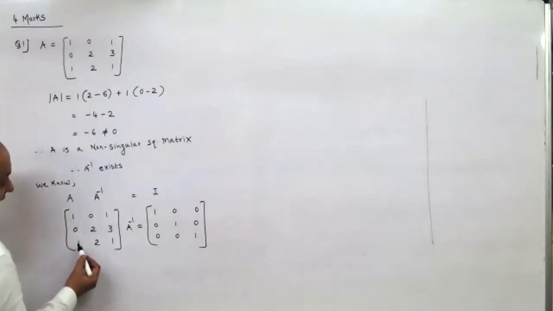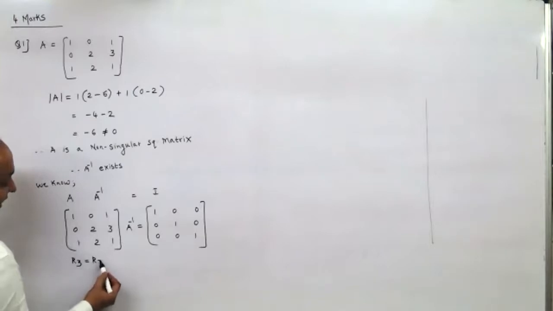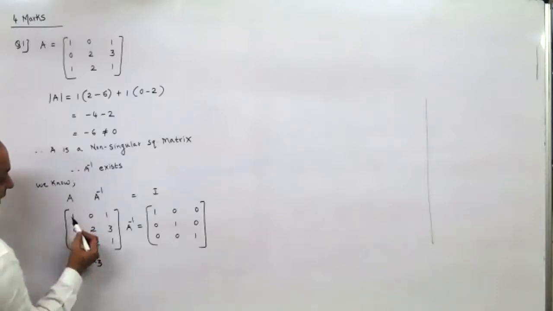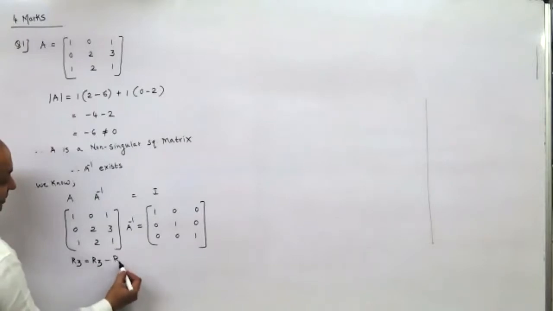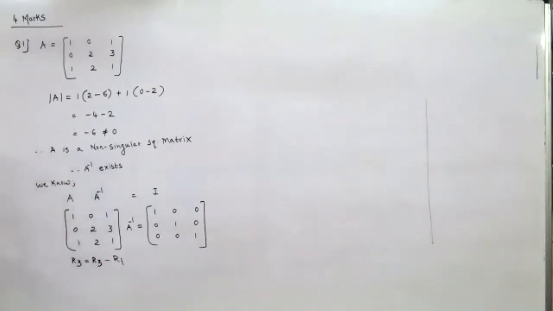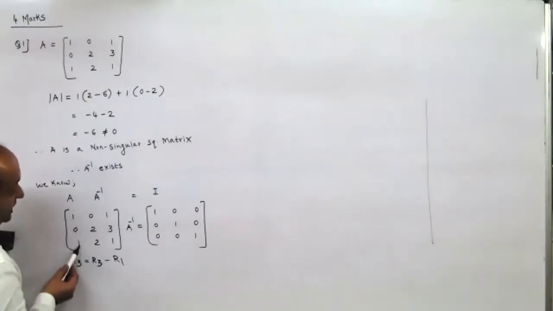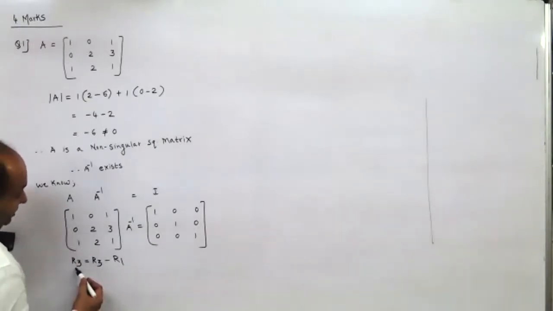This is R3. I want to make it 0. I'll write here R3 equal to R3 as it is. If this is 1, I'll write minus 1 R1. If this is 2, I'll write minus 2 R1. If this is 3, I'll write minus 3 R1. So here I'll write minus 1 R1. Now, what is R3 minus R1? So this would become 0.